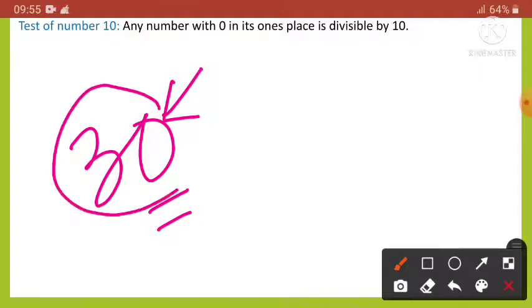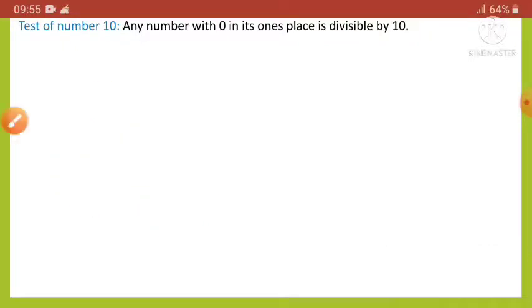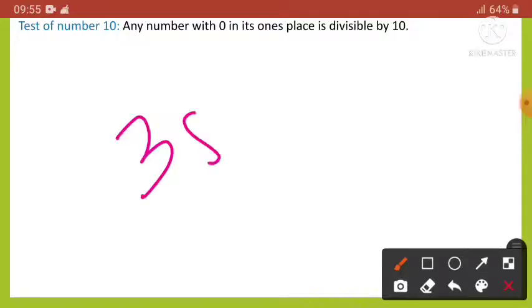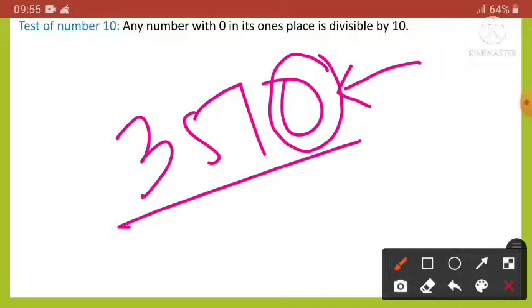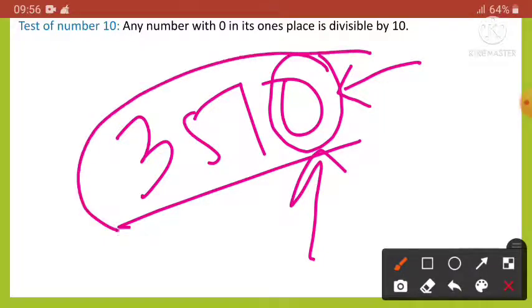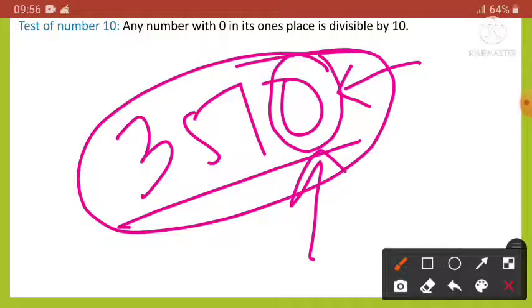So 30 is divisible by 10. If we take another number, suppose 3510, is it divisible by 10? We look at the 1's place. Here it is 0. So we can say that the number 3510 is divisible by 10.